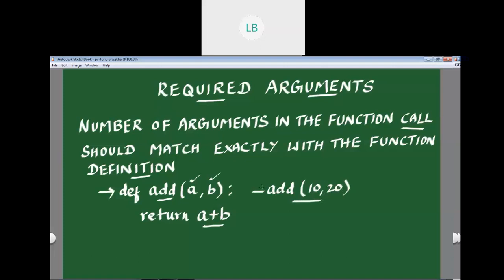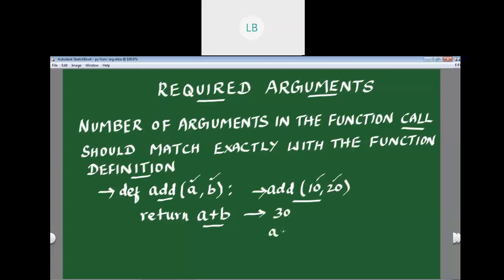If this is executed, these values are passed to the parameters. 10 will be passed to a, 20 will be passed to b. And this function is going to return the value a plus b.